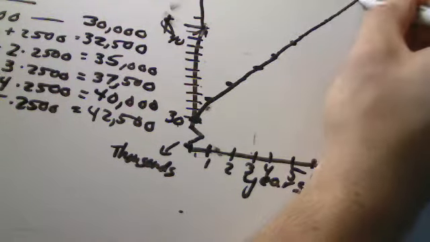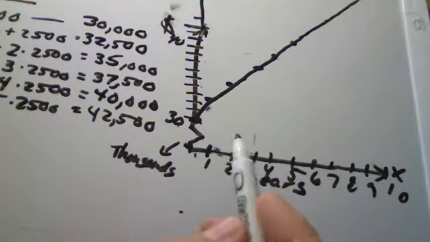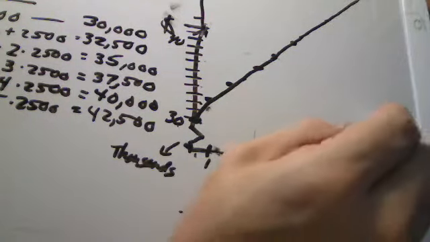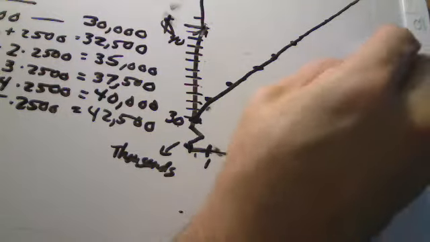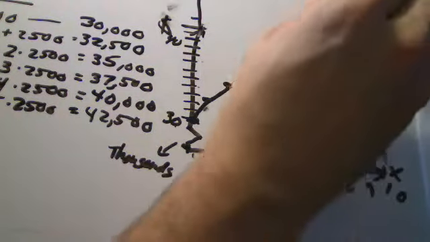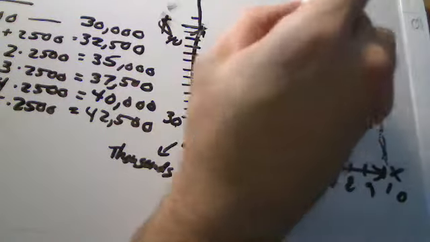Using graph paper or grid paper would probably be best. So for part B, 10 years, here's 10. We have to draw a line up all the way up here. Try to do it as straight as you can and figure out where it crosses. I don't have my interval set that far.